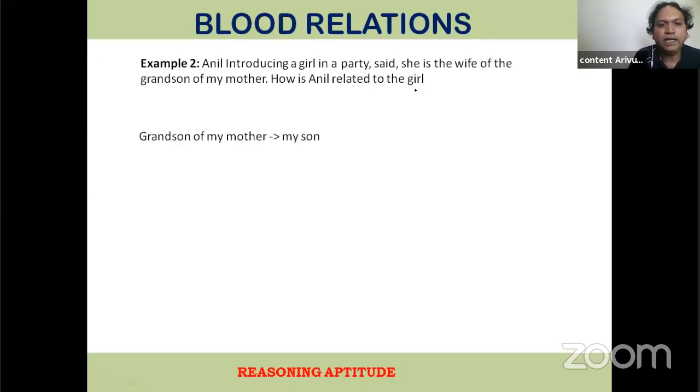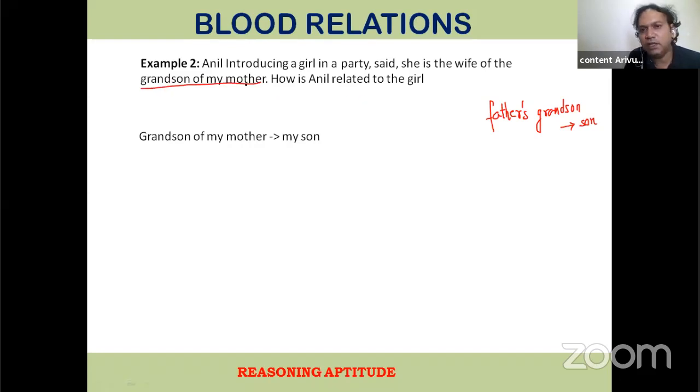So, grandson of my mother is my son. I told you, father's grandson. In the list of different ways I had given you, father's grandson. While solving questions based on the answer options, we take it as son. Whether it's father's grandson or mother's grandson, that means son. She is son's wife.